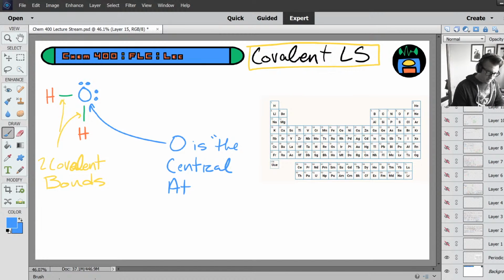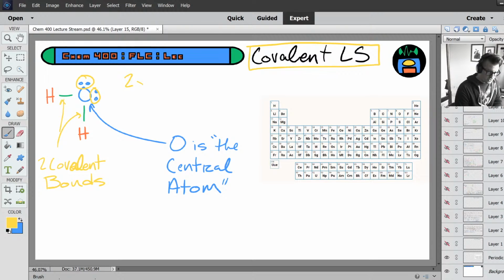Because it is the atom in this Lewis structure that all the other atoms connect to. So it's kind of like the sun of the solar system. It is the central atom. Finally, you'll notice that we have 2 pairs of dots. Each pair of dots, which is a pair of electrons on the central atom, or it could be on other atoms in the molecule, these are called lone pairs.